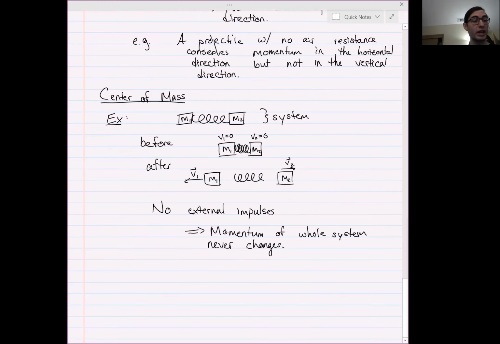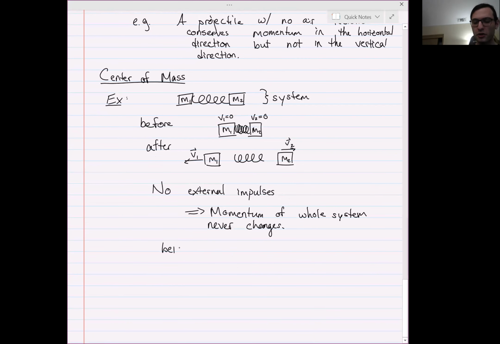So in the initial case, before, the momentum can be calculated. We have m1 v1i for initial plus m2 v2i. That should be equal to the momentum after, m1 v1f plus m2 v2f. And these two things should be equal.